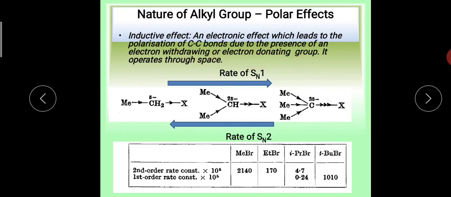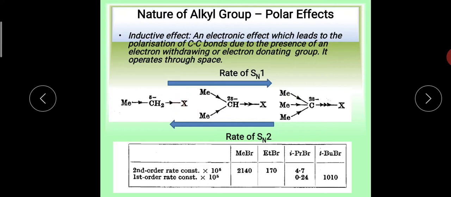It operates through space. Okay, so we'll try to understand this inductive effect by means of this particular example. What is this? This has two carbon atoms and one halogen attached to your CH2 group. So it is ethyl halide. Okay, this X means halide.